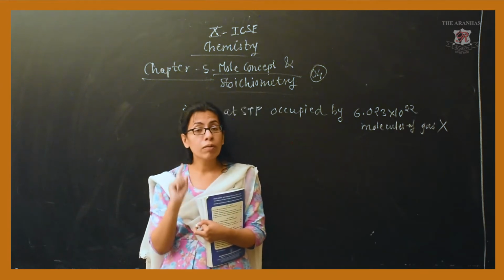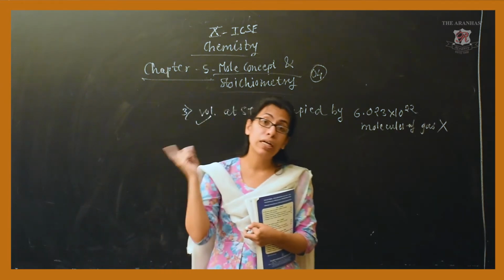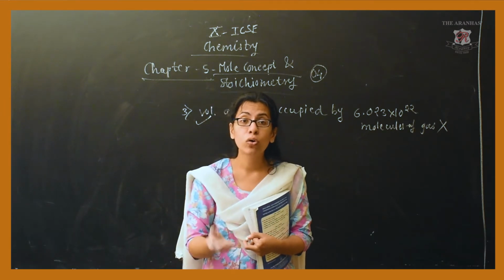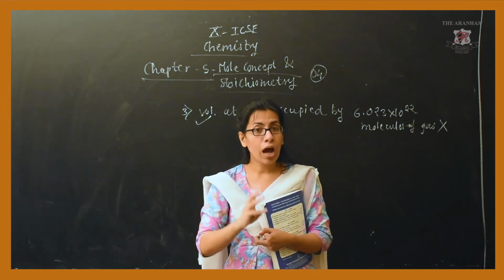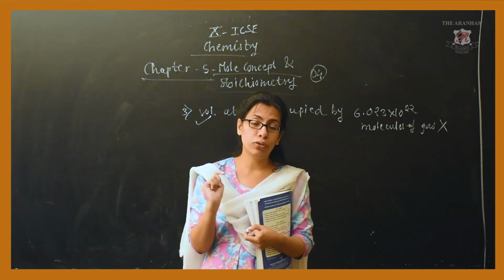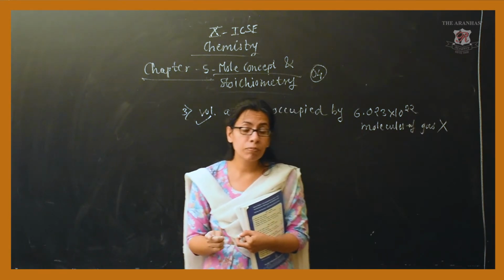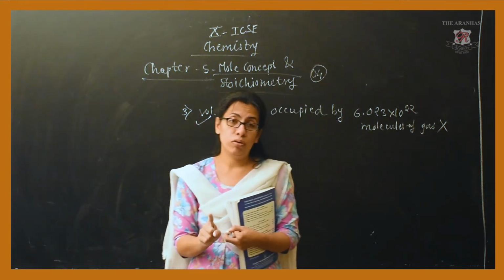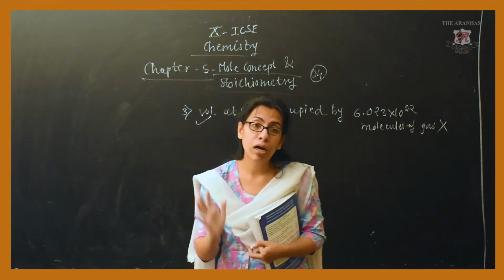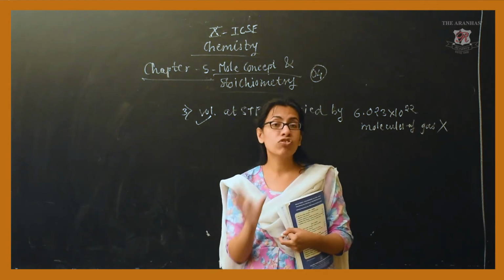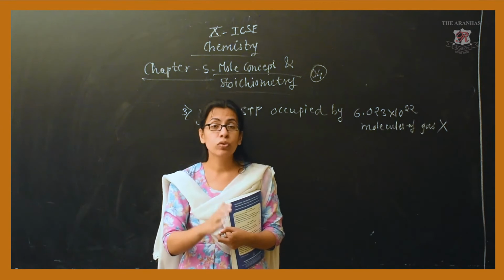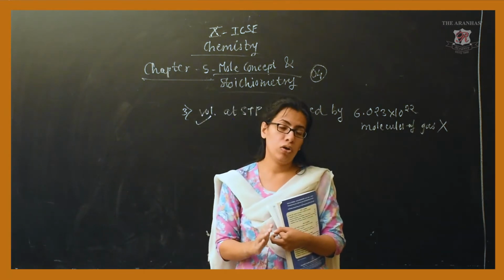One more relation we have already covered when we studied Avogadro's law, the mole concept and number of molecules. We discussed that 1 mole is the amount of substance which contains a number of particles equal to Avogadro's number.